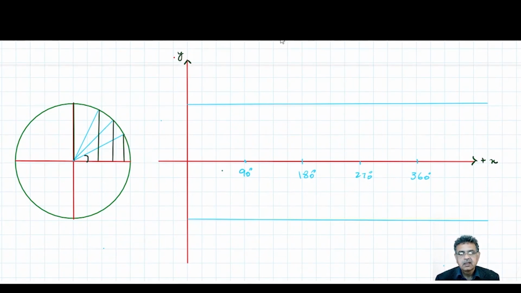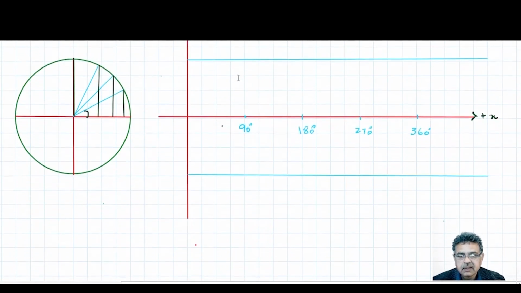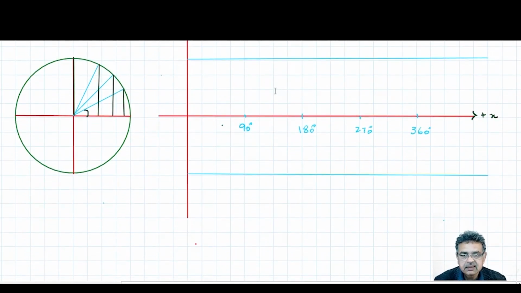Now if I consider these angles, like this is 90 degrees, this much would be approximately 45, this is 30, and this is 60. So in this first quadrant, what change is being observed over there?